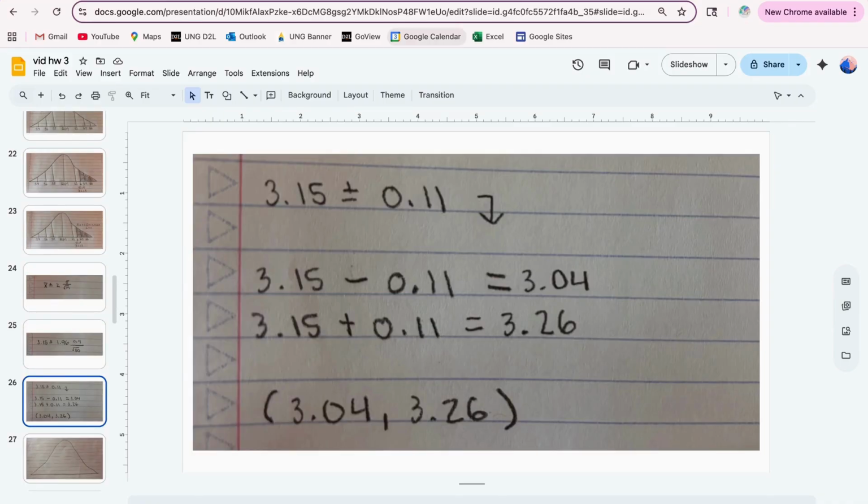That gives us 3.15 plus or minus 0.11. When we subtract 0.11 from 3.15, we get 3.04, and when we add 0.11, we get 3.26. So our confidence interval is 3.04 to 3.26.